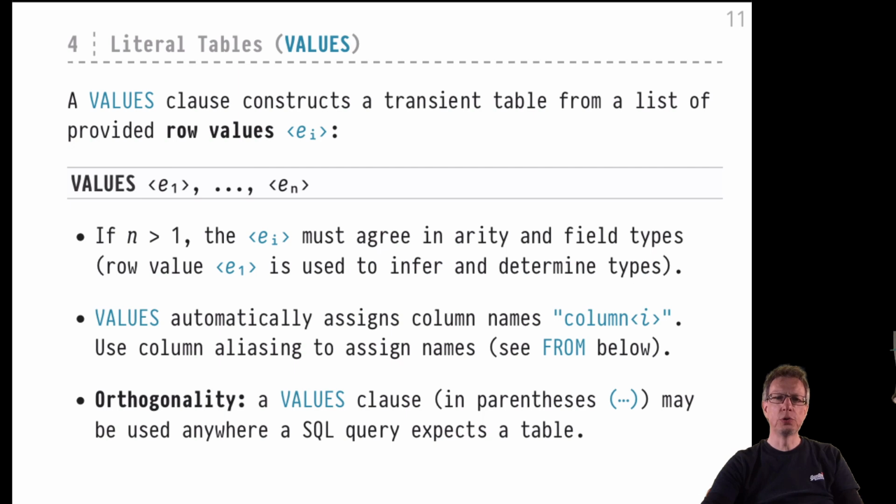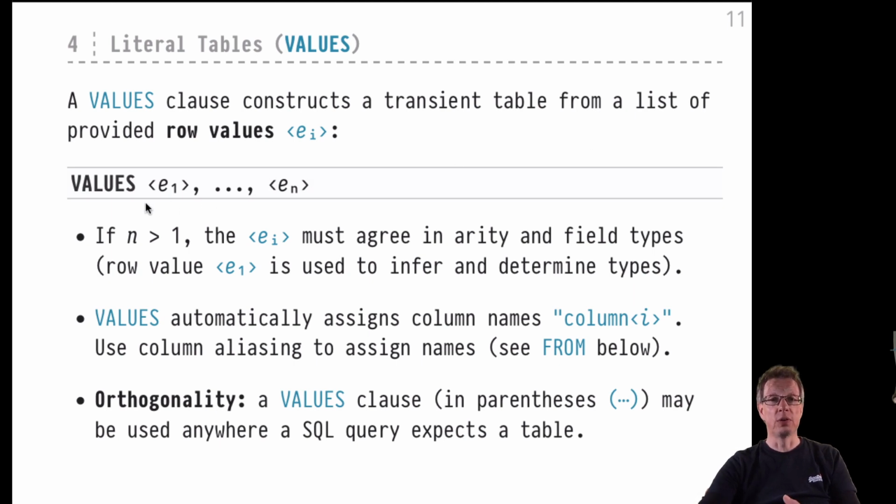It introduces the main data structure that SQL is known for, namely operating over tables. And of course, SQL comes with a syntax to let us specify literal constant tables inside queries. The construct that we are using for that is the values clause. And the semantics and the syntax of the values clause is really simple.